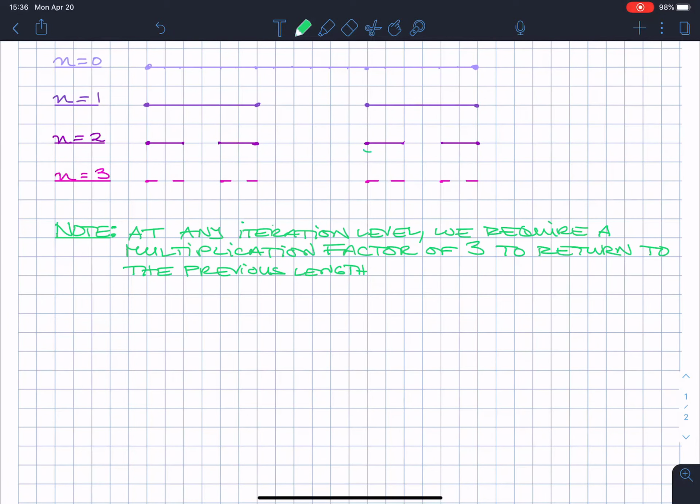This length here would need to be multiplied by 3 to get the previous length there. And this is the same all the way through.